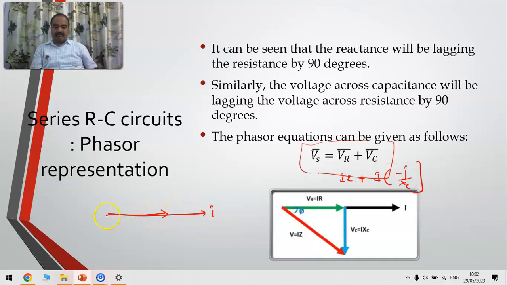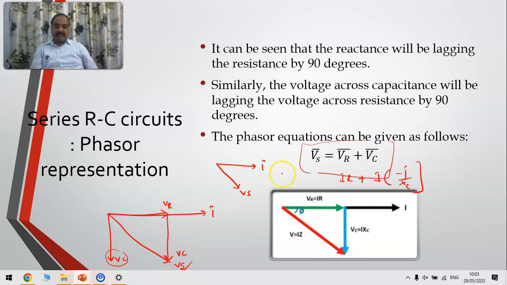So this is VR, this is my VC. When this is VC, I should start from here, so the summation of these two is my Vs. Now see here, what is the final representation? This is I, this is Vs. See which is leading? Current is leading. So that's why the power factor is considered to be leading in case of RC circuits.